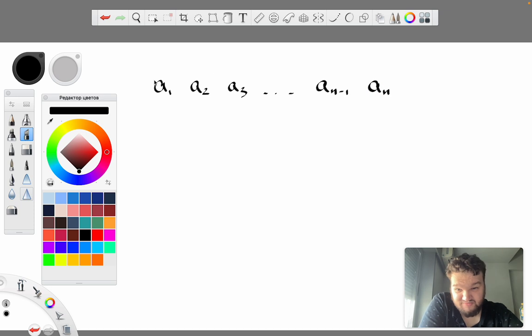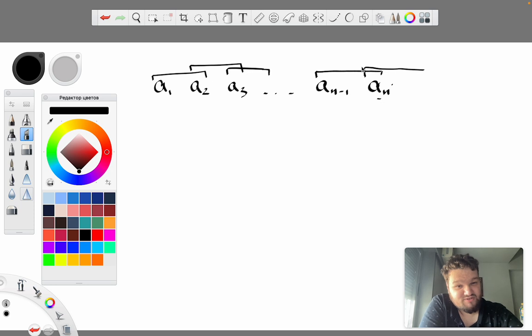So the next element will be OR of these two, then OR of these two, then OR of these two, and so on. Then element with ID 2n minus 1 will be the OR of these two elements. And then the next element is an OR of this element and the first two.